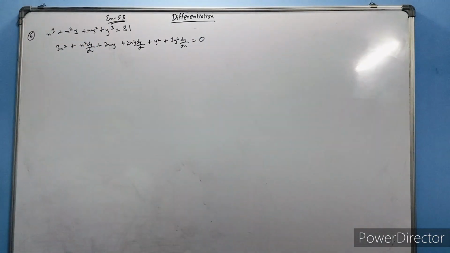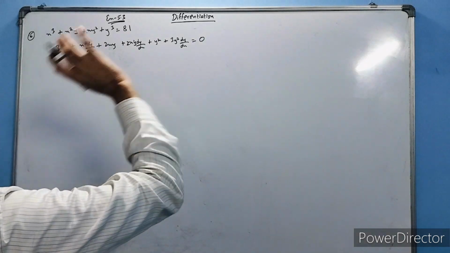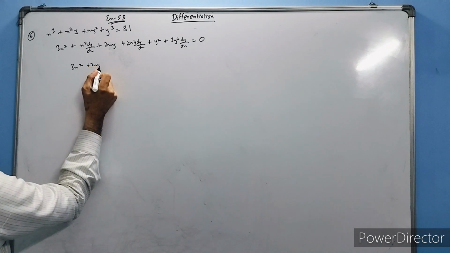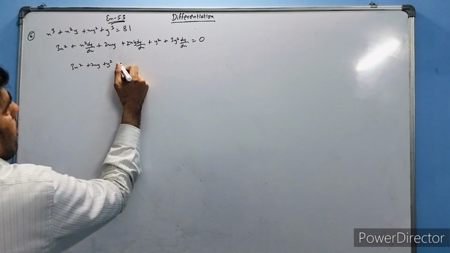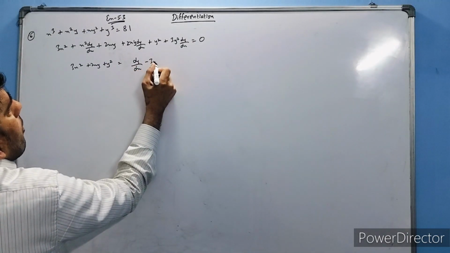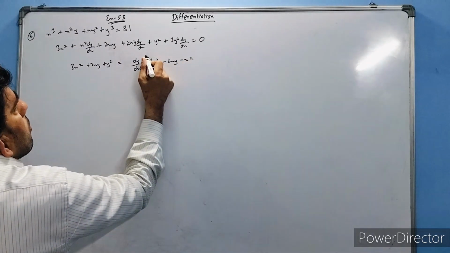Okay, dy upon dx. Now what we can do here, take dy by dx to that side. So I got 3x square plus 2xy plus y square is equal to, we have dy upon dx, we have minus 3y square minus 2xy minus x square.